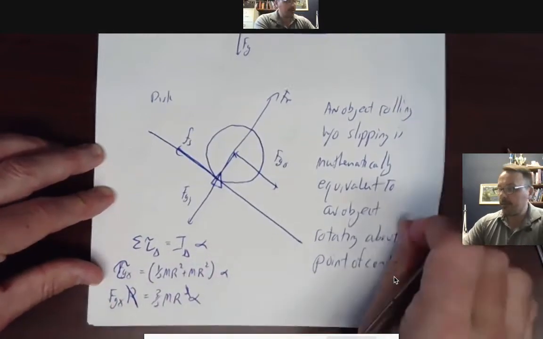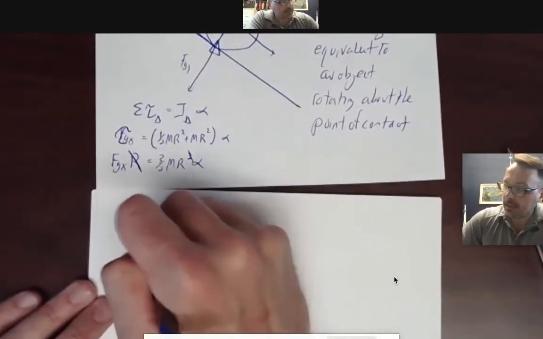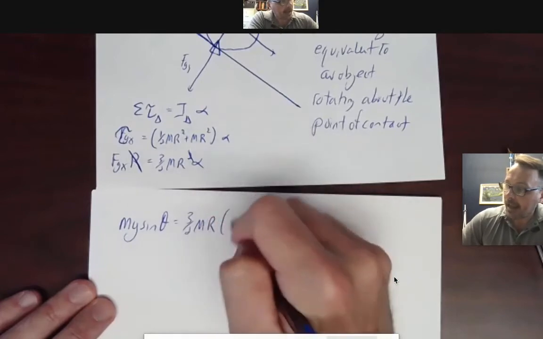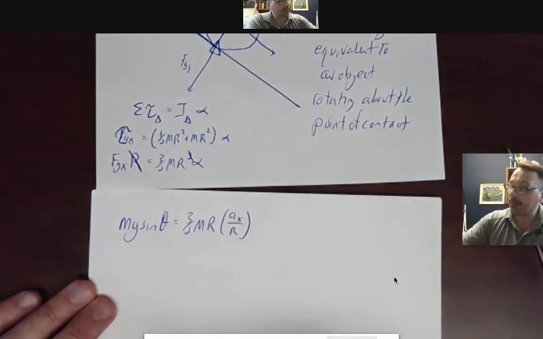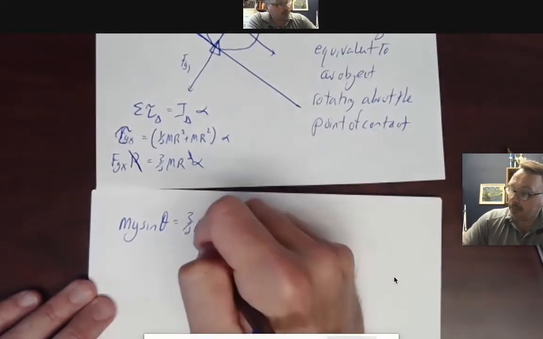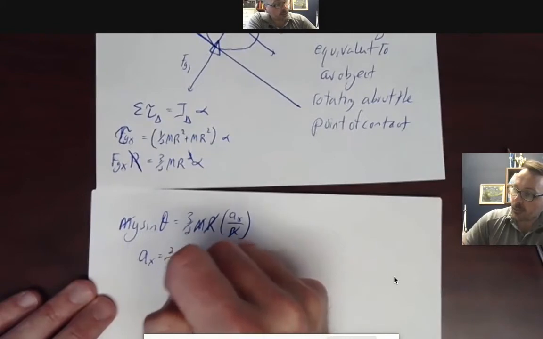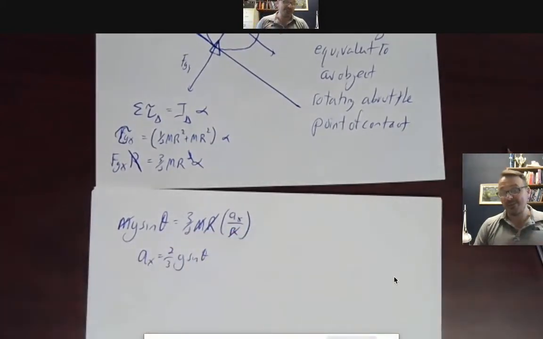Then we know that Fgx is mg sine theta, equal to 3/2 mr alpha, and alpha is still equal to ax over r as long as I'm rolling without slipping. The m's go away, the r's go away, and I'm left with, again, ax equals 2/3 g sine theta. That's a nice simple way of doing it.